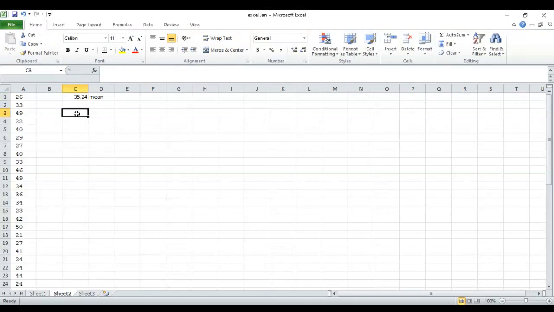Then you do the mode, or it doesn't matter what order you do this. So I'm going to type equals mode. Now it might have two modes, so I just always like to use the multi. You can have more than one mode, but those numbers have to show up the same number of times.